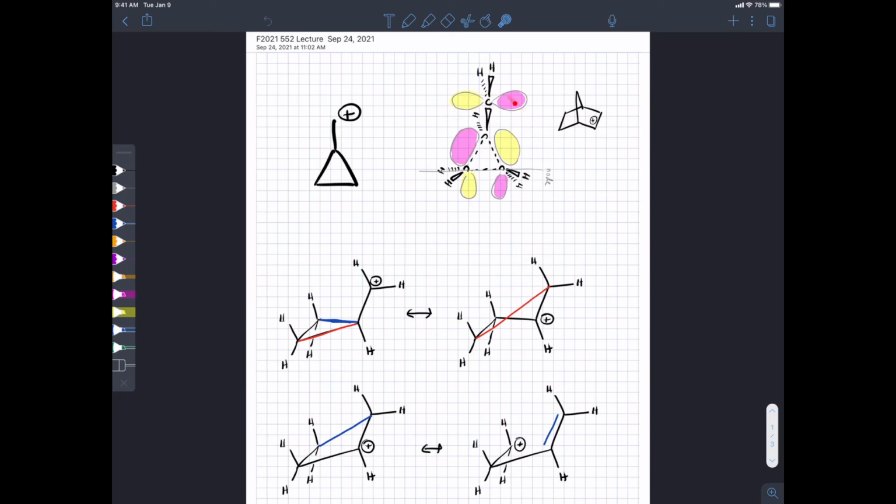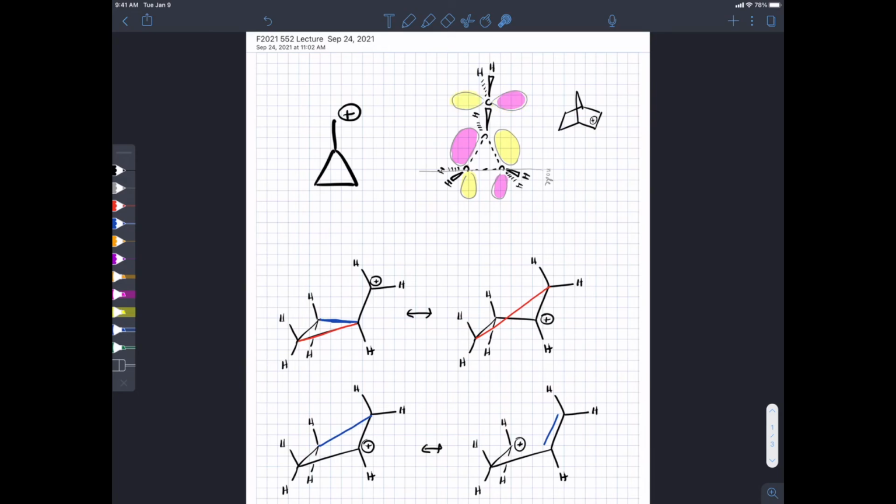This is the unoccupied orbital. For the occupied version, we would simply have to change the phases, and this allows the electrons in the highest occupied orbital of cyclopropane to spread out into that nearby p orbital, and that's a stabilizing effect.